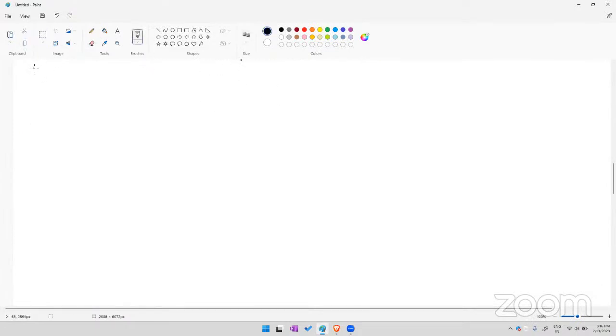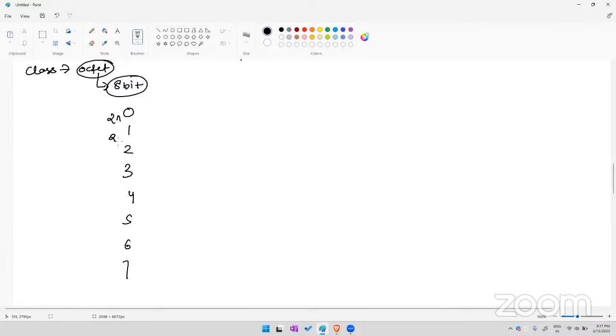If you're having a class, in the class we are getting octets. In an octet, how many bits are represented? 8 bits. How to represent these 8 bits? 0, 1, 2, 3, 4, 5, 6, 7. And now 2 power 0, 2 power 1, 2 power 2, 2 power 3, 4, 5, 6, and 7.